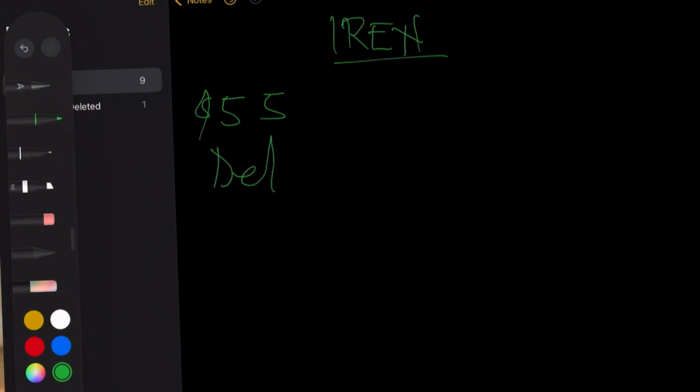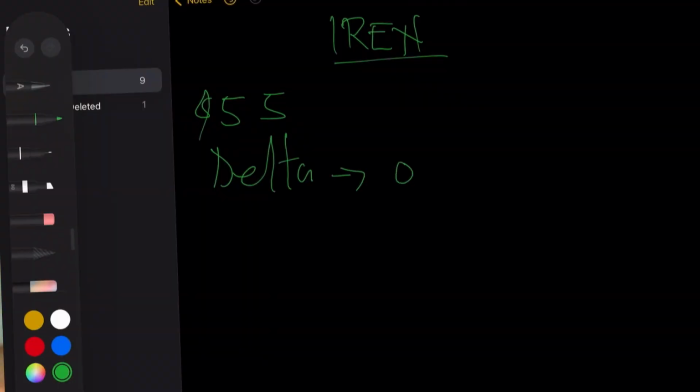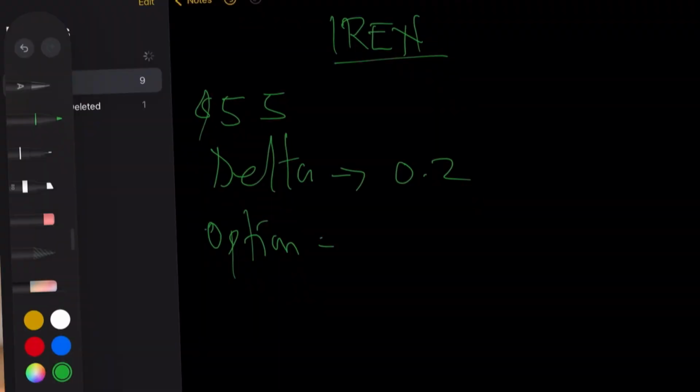We have a delta, like I said, it's a number that will be added or subtracted to our option contract if the stock goes up or down by $1. So we have a delta of 0.2, for example, and our option contract value before the new delta is $2. The option contract price is also the premium, which I will go into details in another video.